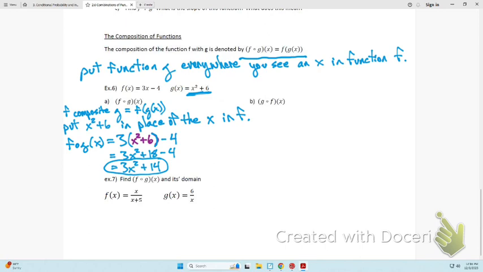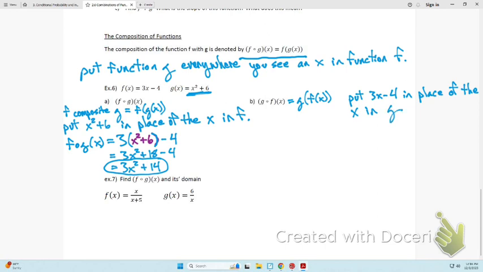So g composite f is g of f of x. I'm going to put 3x minus 4 in place of the x in g.